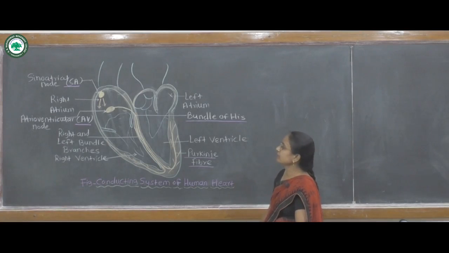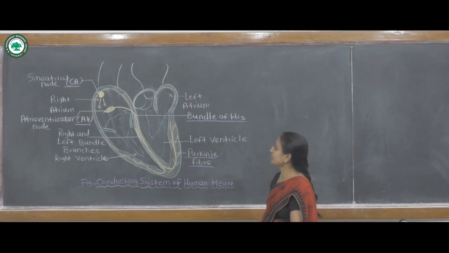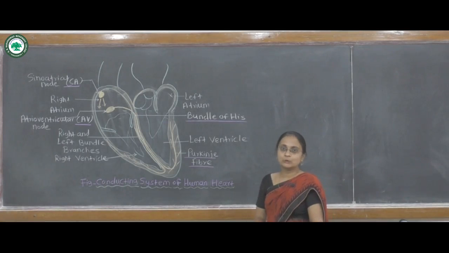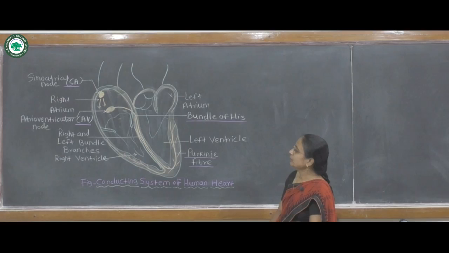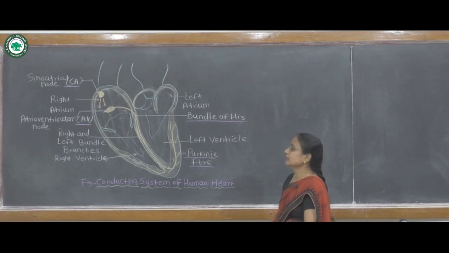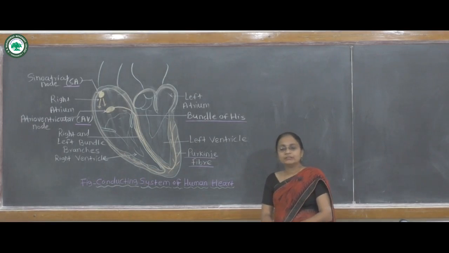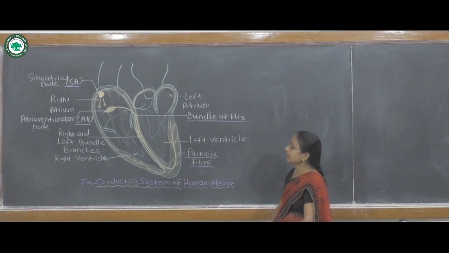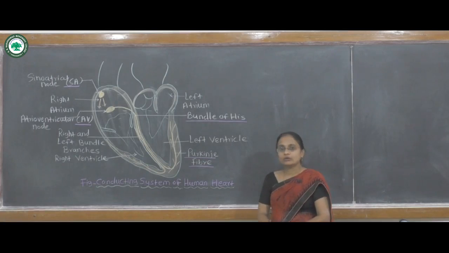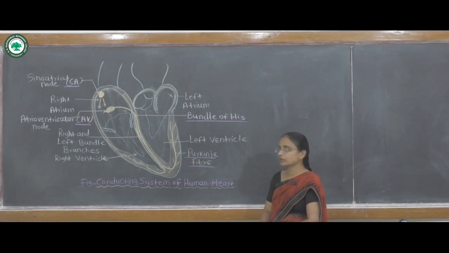In the walls of the right ventricle as well as the left ventricle, towards the end, the stimulation, that signaling, gets passed, and that is the location of the Purkinje fibers.